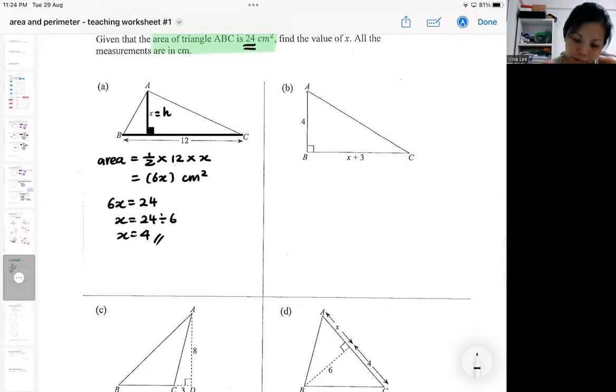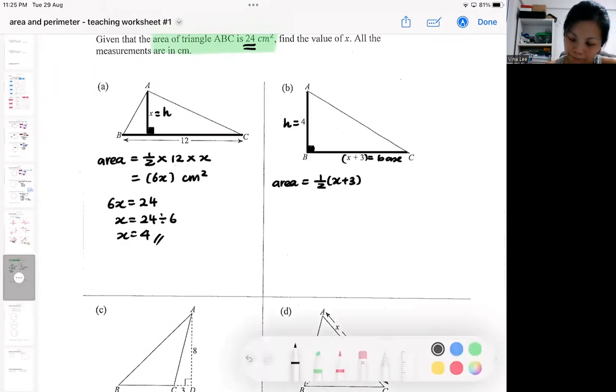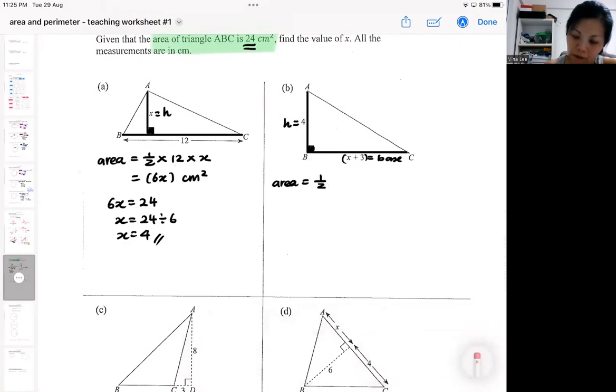In the next one, please solve it yourself. I will form it for you. This will be the height, and this will be the base. Remember to bracket up the base. So area will be half times base times height: half times the bracket times the 4.